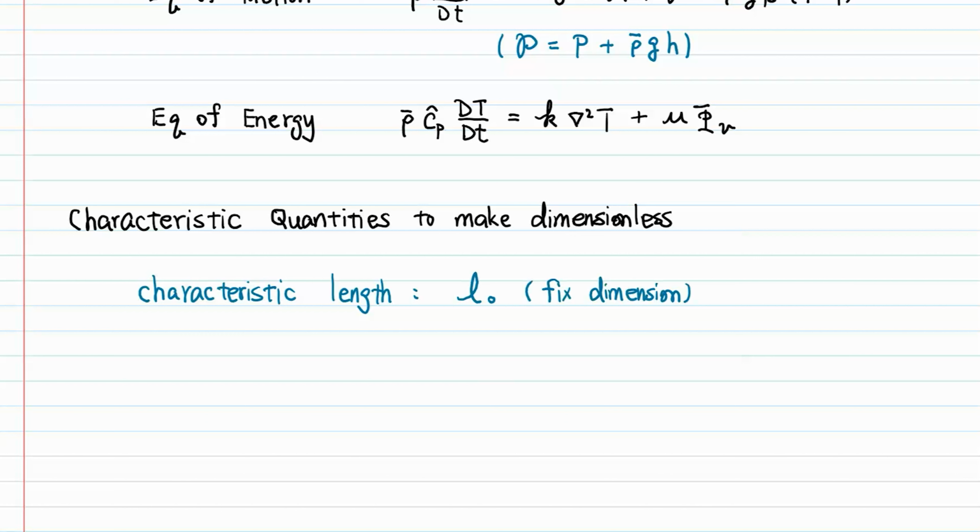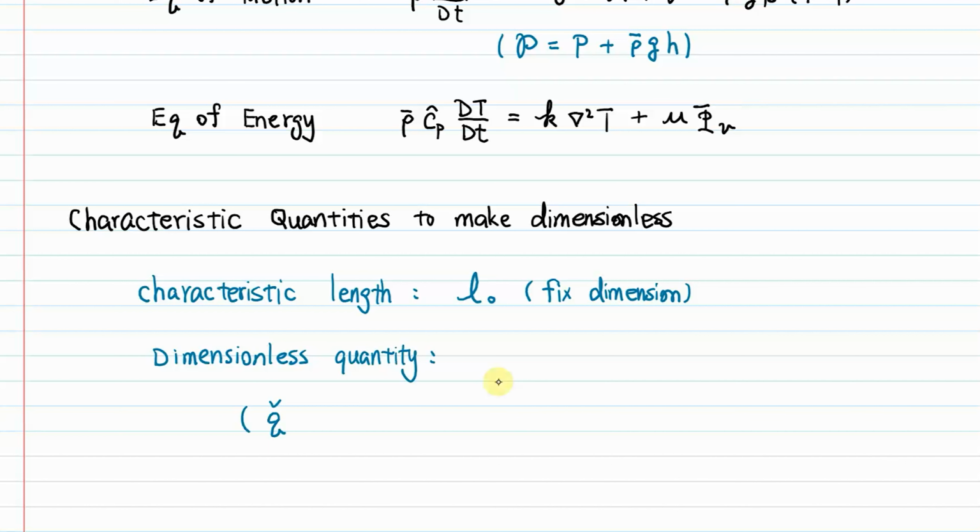So we would define the dimensionless quantity. Typically we would use, let's say the quantity is using a Q symbol. For dimensionless, we would put a check mark on that symbol.